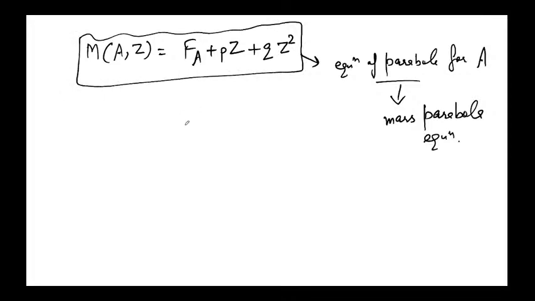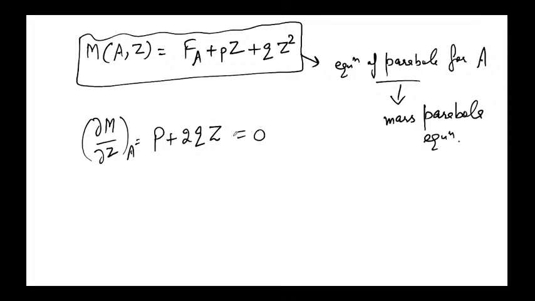Now in order to find out the stable isobars, if I take the differentiation of this term with respect to z, the equation becomes P plus 2Qz, which is equal to 0. That is when the value of z is equal to Z_A, that is for a stable isobar.